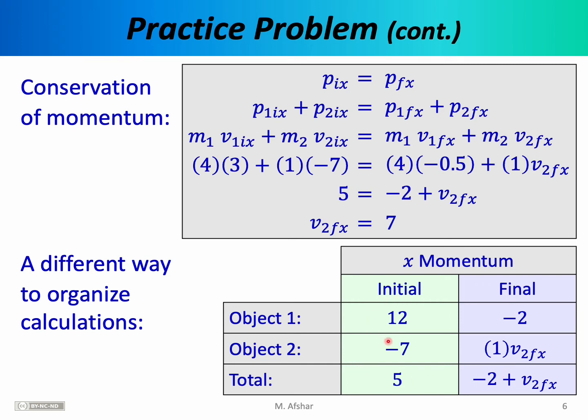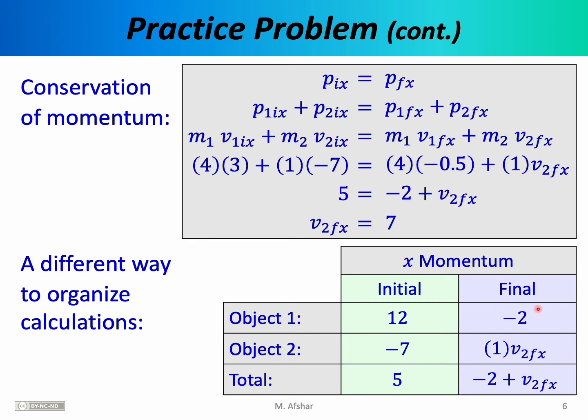I've calculated the initial momentum of object 1, so mass times velocity for object 1. I've calculated the initial momentum of object 2, so its mass times its velocity, and then I've added those together to find that the initial momentum of the system, total, is simply 5. That corresponds to this 5 over here.